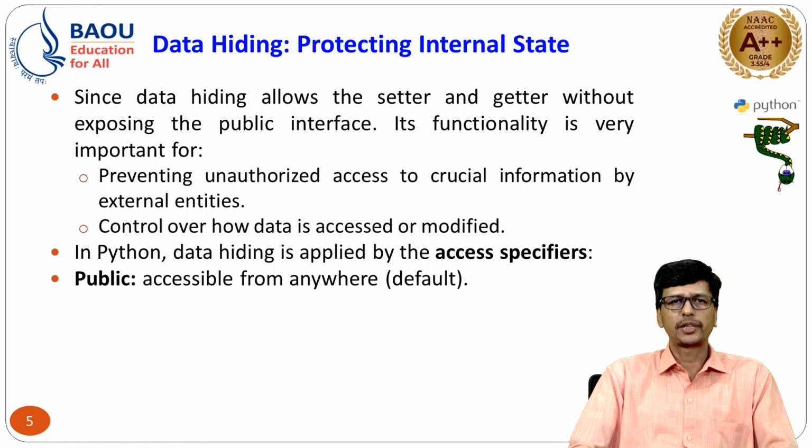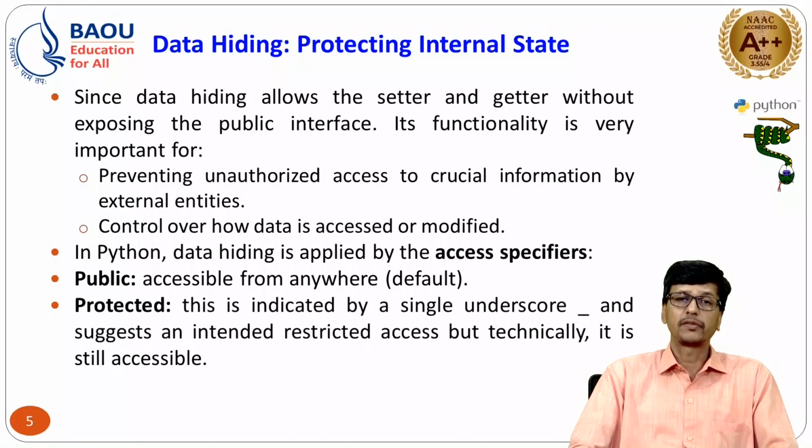So here any user has full access control for whatever is defined as public. In terms of security, public is less secure compared to the other two access modifiers that we are going to discuss. The second one is protected, definitely more secure compared to public. But here you can use this concept in inheritance, in which, for example, only the child class can access some of the attributes and methods.